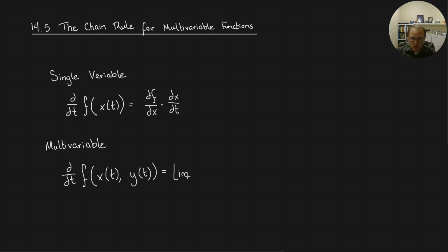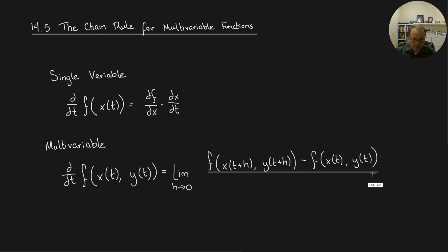So I'm just going to use the usual way we define a derivative. I'm going to evaluate the function at t plus h, and then subtract the function evaluated at t. That lets us see how the function changes as we change the value of t. And we divide it all by h.